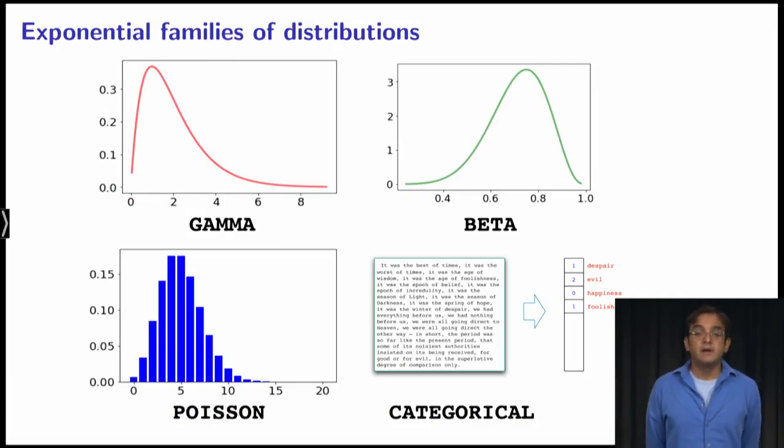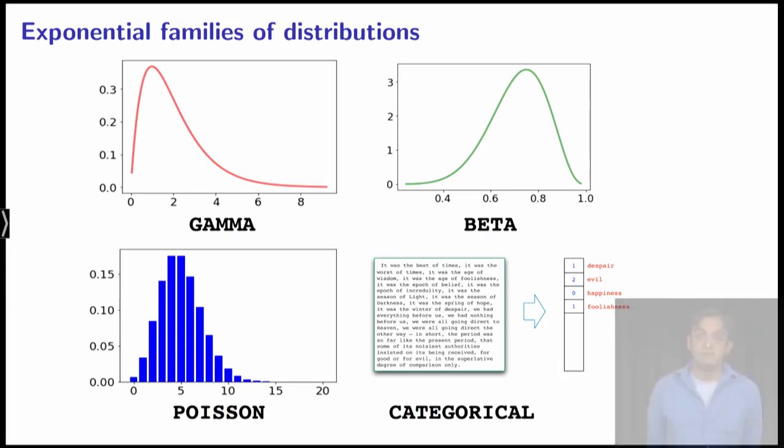Suppose that our data is real valued, so it's numeric, but it's always positive. In such situations, it can sometimes be a little bit strange to use a Gaussian, just because a Gaussian is a distribution over the entire real line, positive and negative. Are there distributions that are just over the positive reals? There are. A prime example is the gamma distribution, which is shown over here on the upper left.